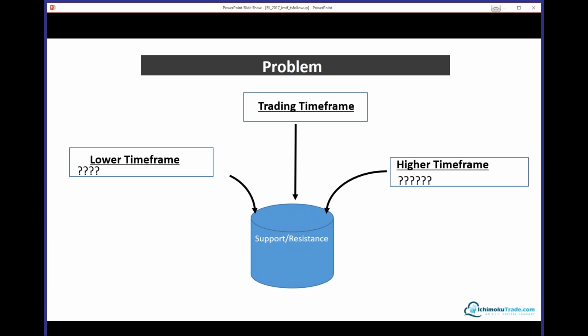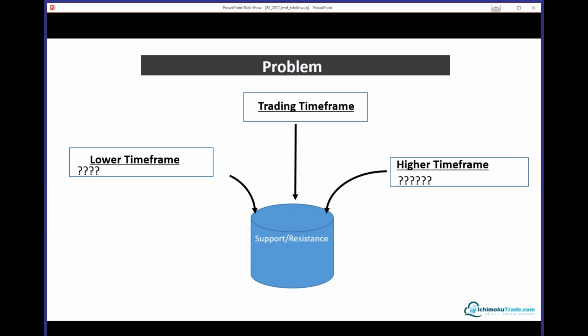At most, if you look at the last couple of years when I traveled around to all the trading groups, most people will look at 2 time frames, sometimes 3, but typically not more than 3 time frames for a key support resistance value. The problem is that when you look at 1 time frame, you find the key support resistance value for that particular time frame.